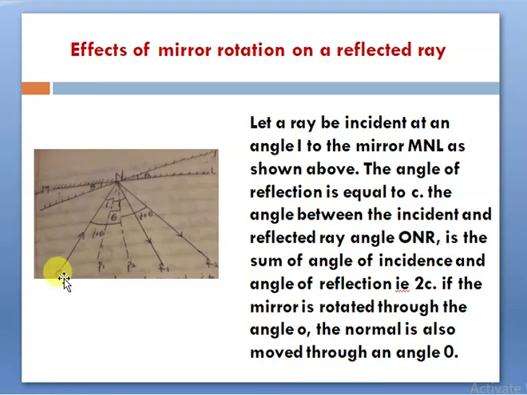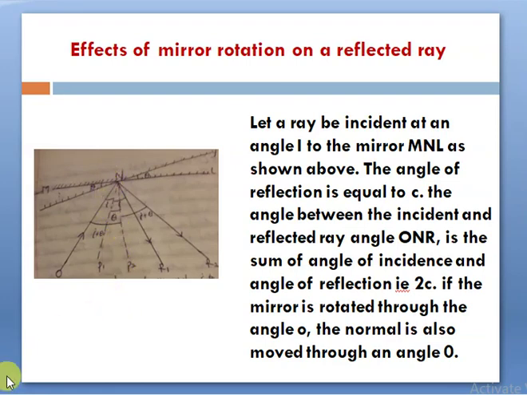Now, this is your incident ray, NO. Now, when you rotate this mirror through an angle, you have a new mirror here, NY. That is, you have rotated the mirror through a particular angle, theta. Once you have rotated this mirror through an angle theta, your normal will equally be rotated through an angle theta.